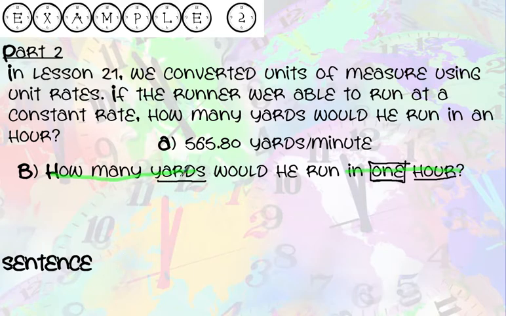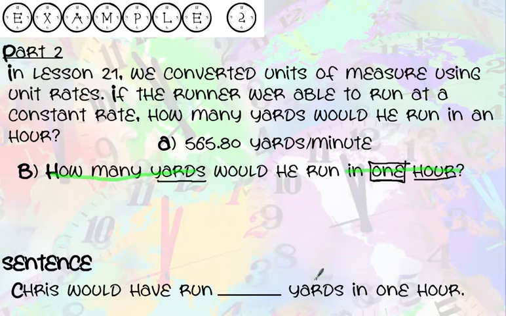So I know that my answer should be in yards. So Chris would have run blank yards in 1 hour. So now I'm going to use my answer from before, which was a rate of 565 and 0.80 yards per minute.